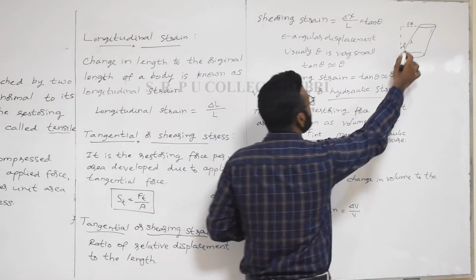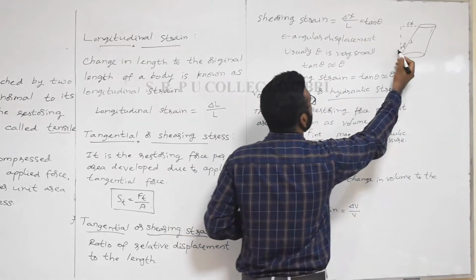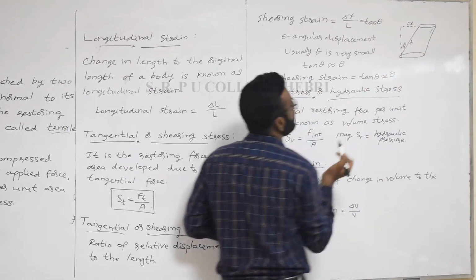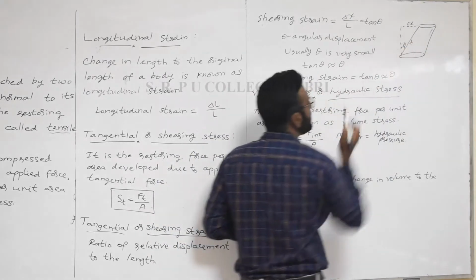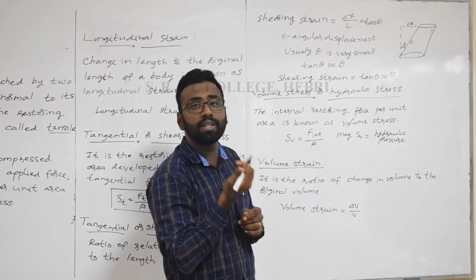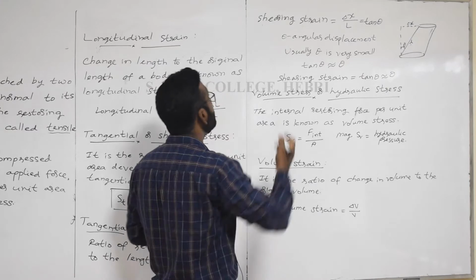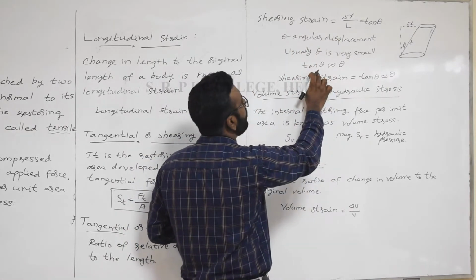Now you see here in this diagram, delta x by L with respect to this theta will be opposite by hypotenuse. Sorry, not opposite by hypotenuse, opposite by adjacent. And what is this opposite by adjacent? It is nothing but tan theta. So shearing strain is equal to tan theta.